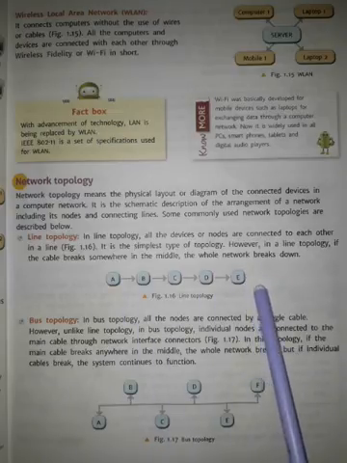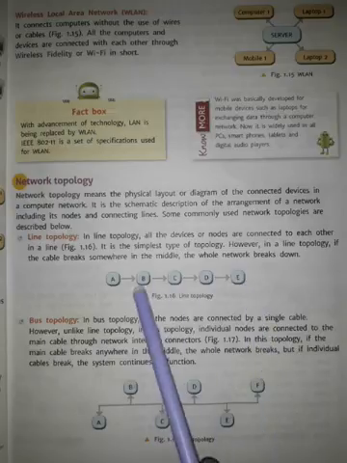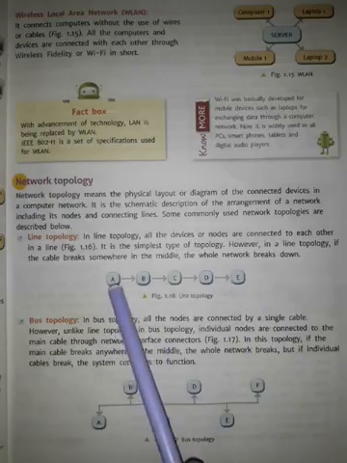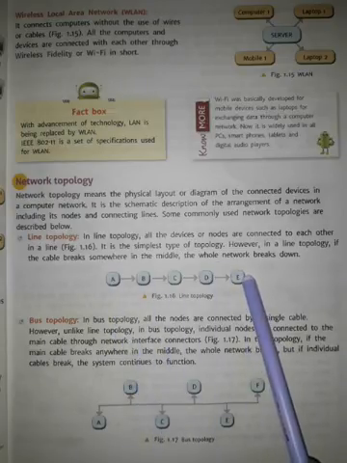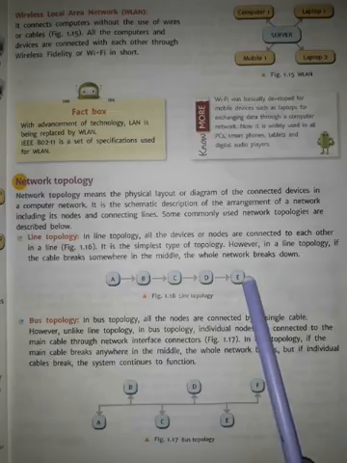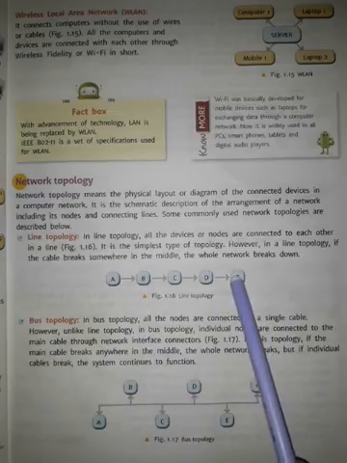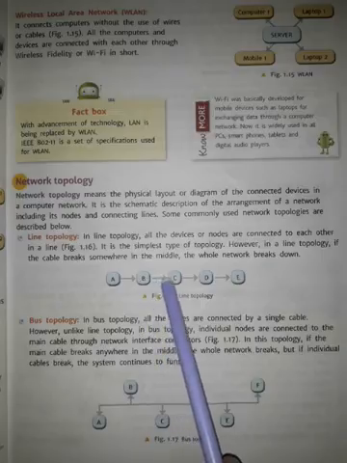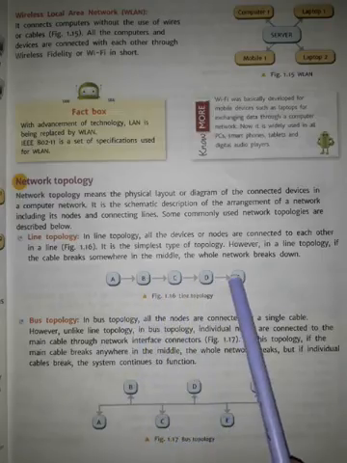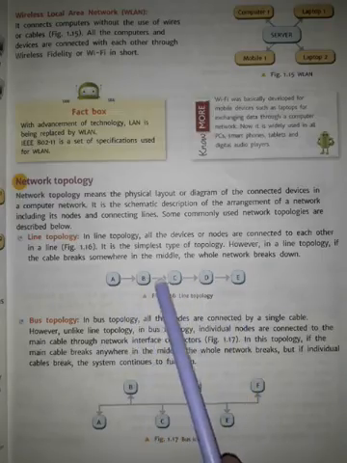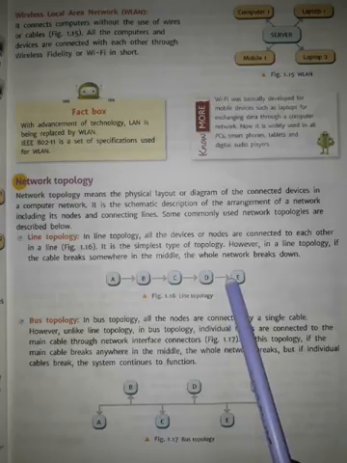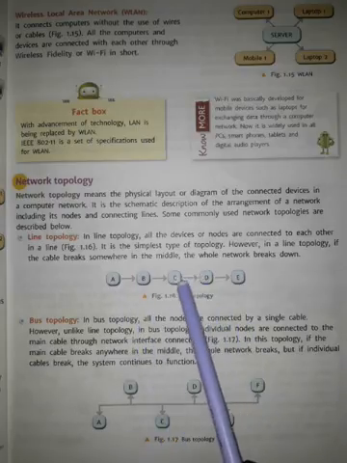This is the very simplest type of topology, and you can extend it very easily from the starting and ending side. This is the main cable which connects the nodes to one another.